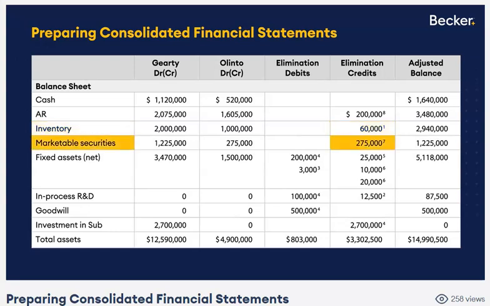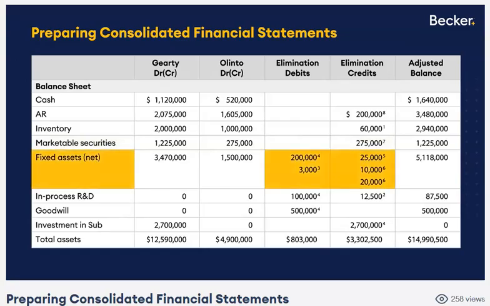You'll notice on the bond, we get rid of the outstanding bond of $275,000. The investment in it is gone. We don't consider it because it's an intercompany investment in a bond. You'll notice we also have the fixed asset right here. We had the 200,000 intercompany minus the 175, so we're going to show that.